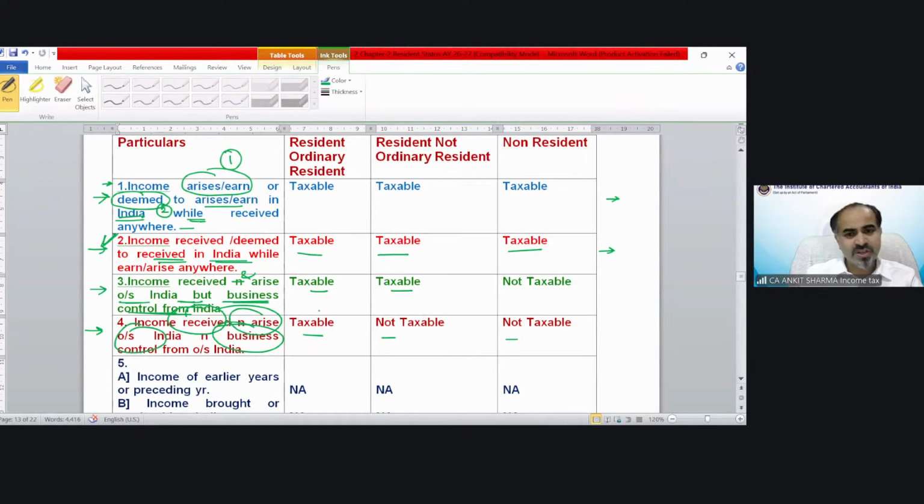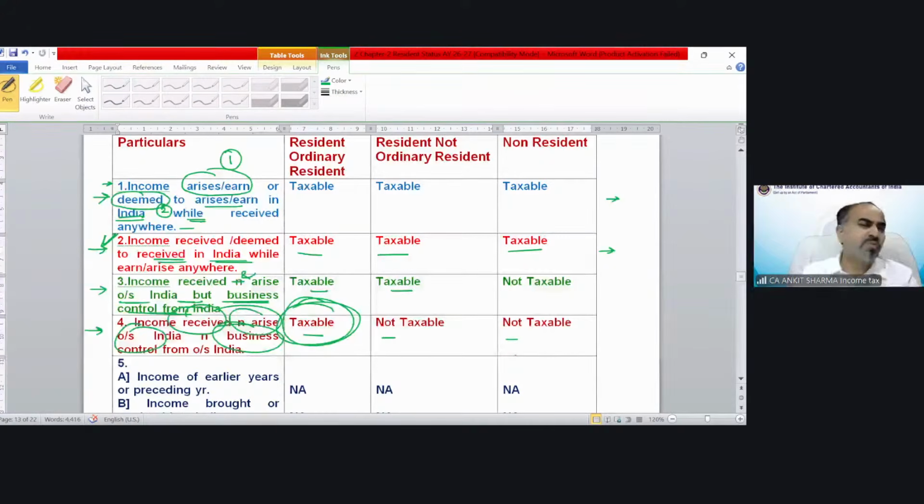In that situation, it's taxable only for ROR. You can learn the provision this way also. All income arising in the previous year is taxed if you are a resident and ordinary resident. In case of RNOR, only arise, received and control are taxed. In case of NR, only arise and receive are taxed.